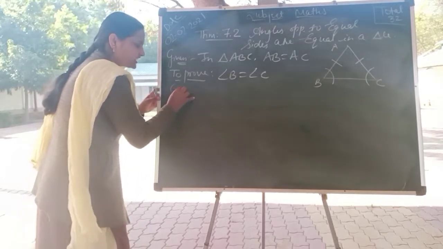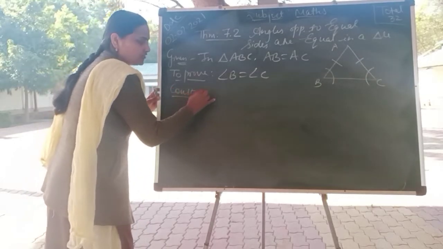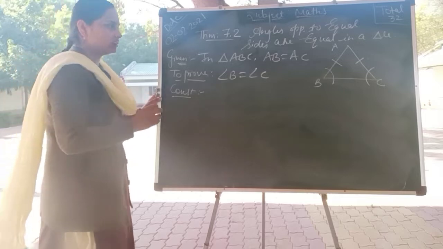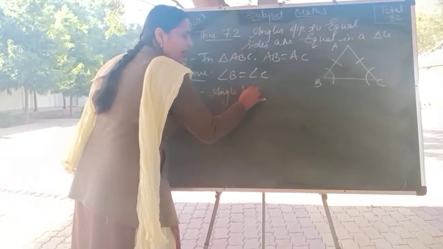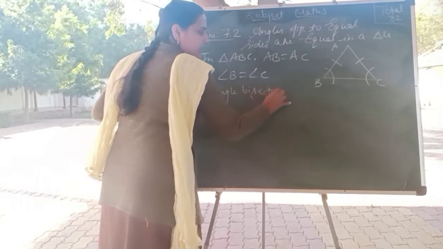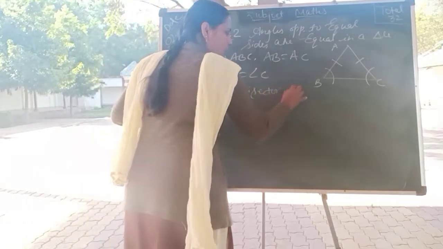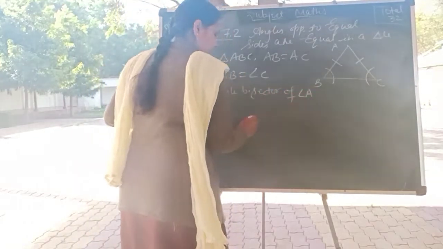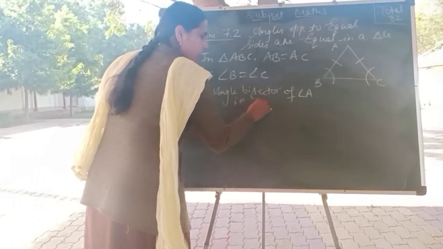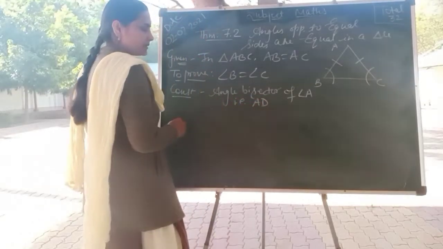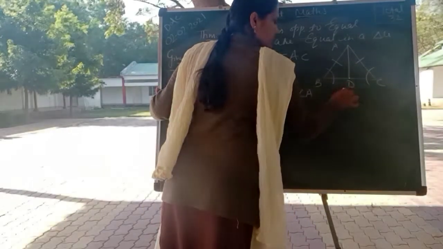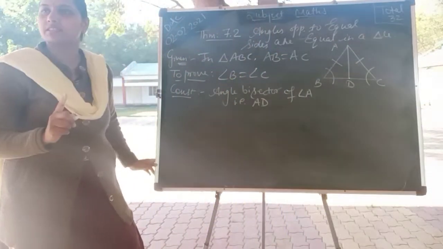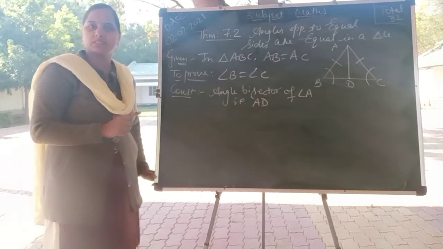Now, I need a construction for this. I'll draw the angle bisector of angle A. That is, I draw AD, which is the angle bisector. This is not a perpendicular bisector; I am taking the angle bisector.